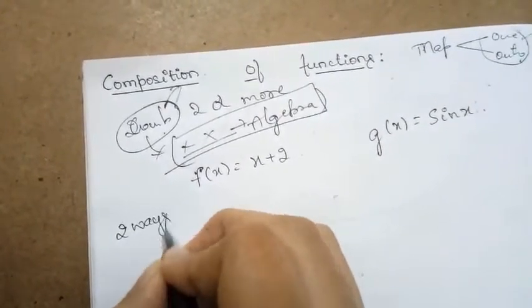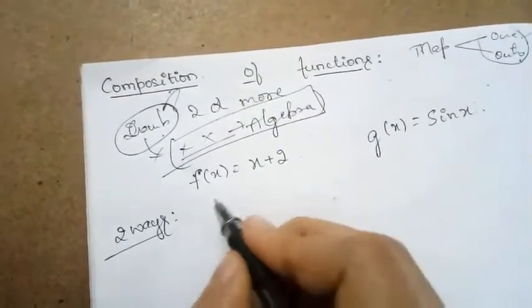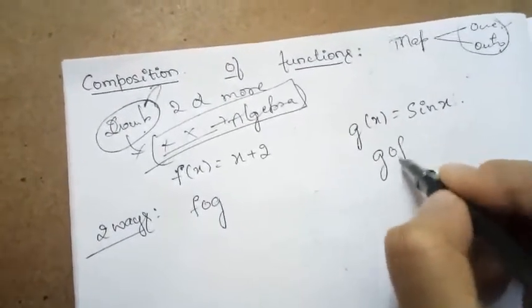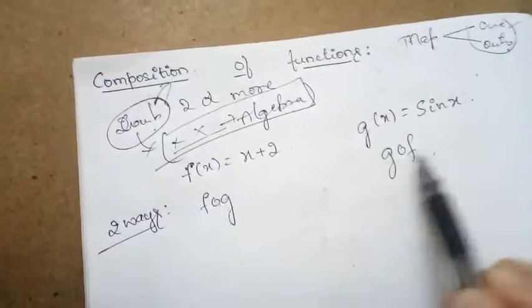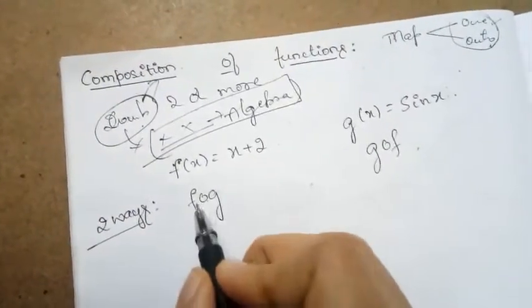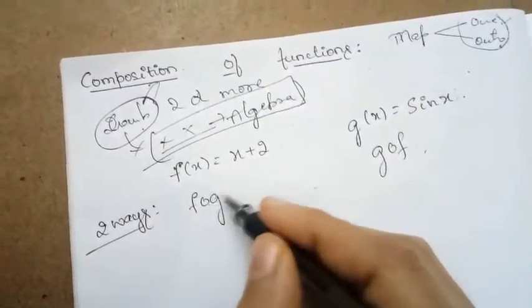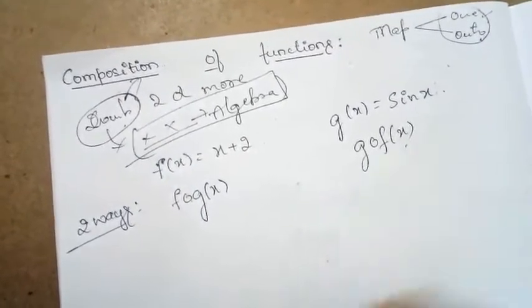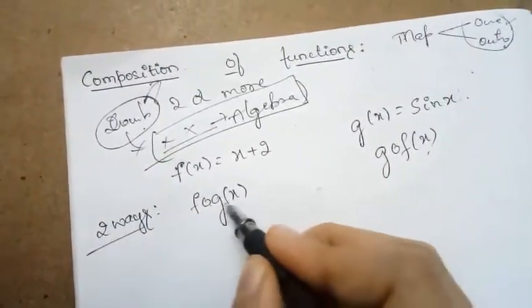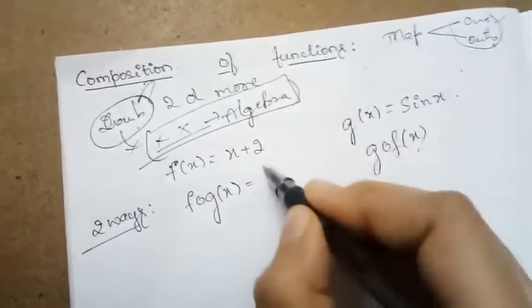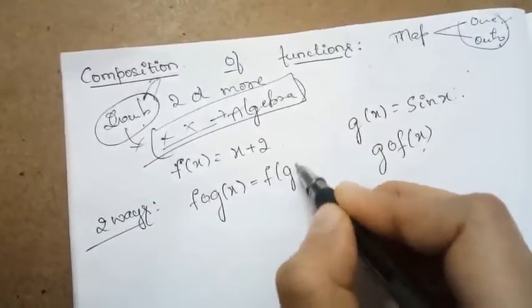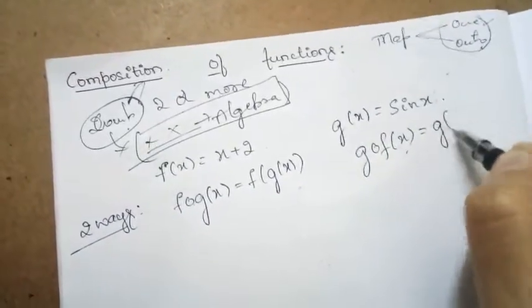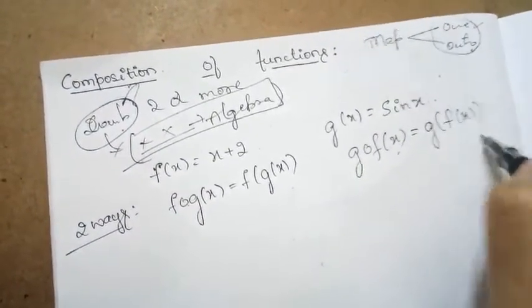One is fog, another one is gof. fog is read as f of g of x, and gof is read as g of f of x.